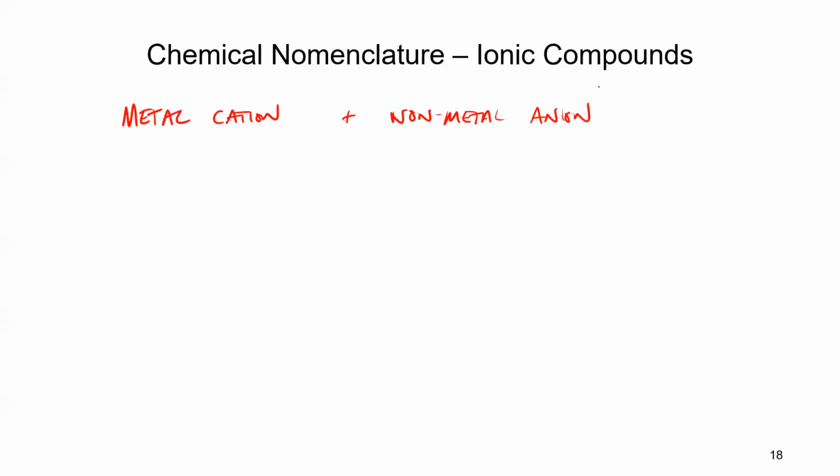Remember that there is one positive cation that's polyatomic, NH4+. And so I say metal cation because that is almost always what it is. But remember that there is that ammonium cation that could be used here. But usually it's a metal cation with some non-metal anion. Right?